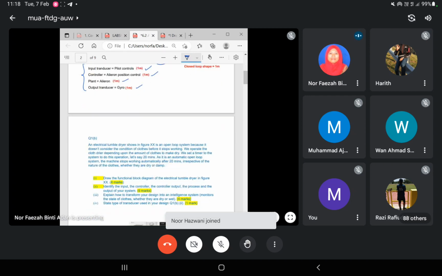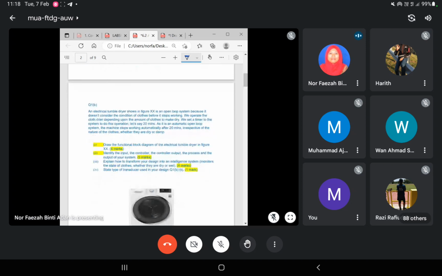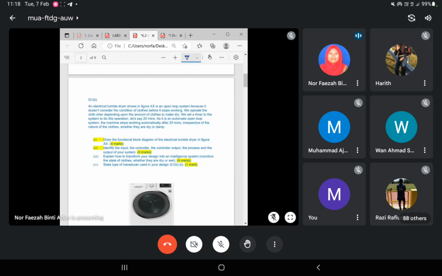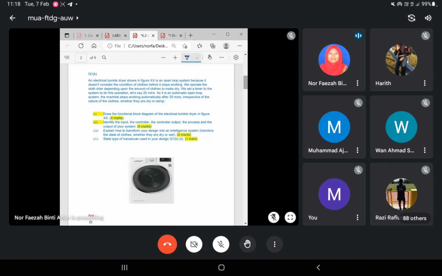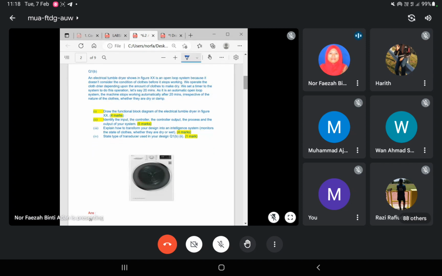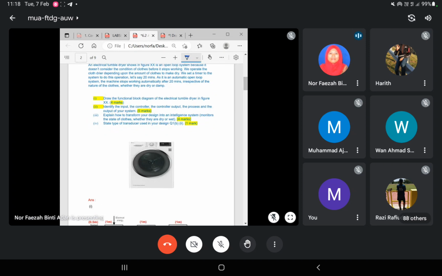Okay, and then again another question for soalan B. It shows an electrical tumble dryer in figure XX, an open loop system because it doesn't consider the condition of the clothes before it stops working and blah blah blah.